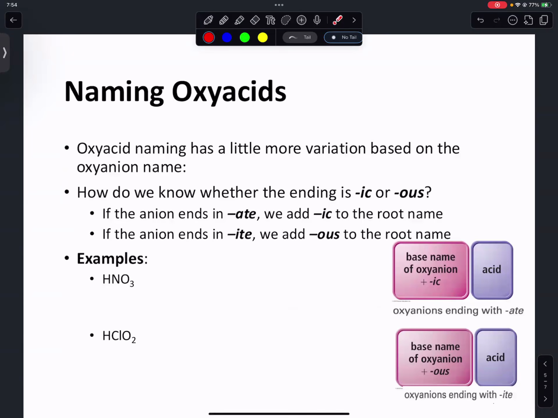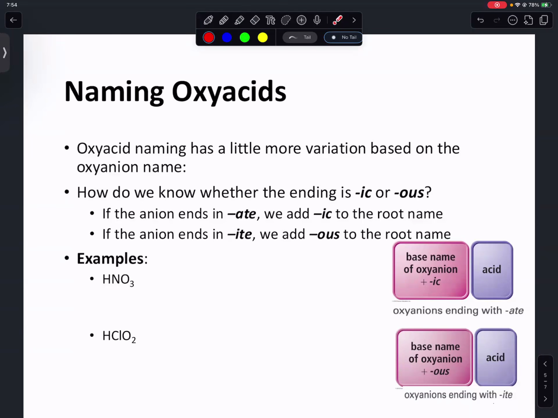Now let's shift gears to naming oxyacids. Oxyacids are going to be a little different because we are going to derive the name based on the oxyanion. So how do we differentiate the different types of oxyacids based on the oxyanion?